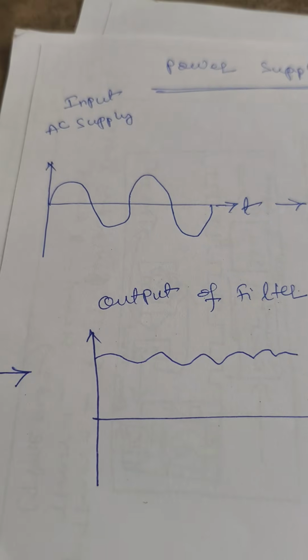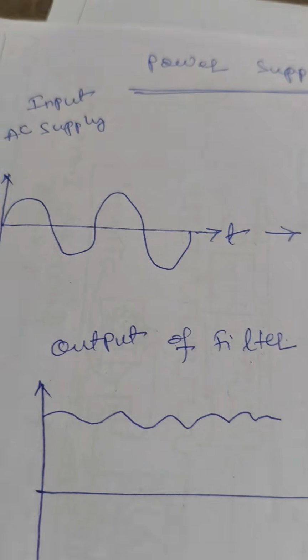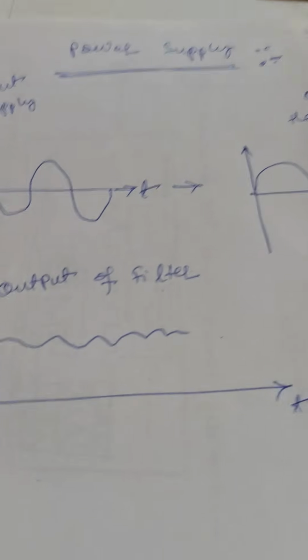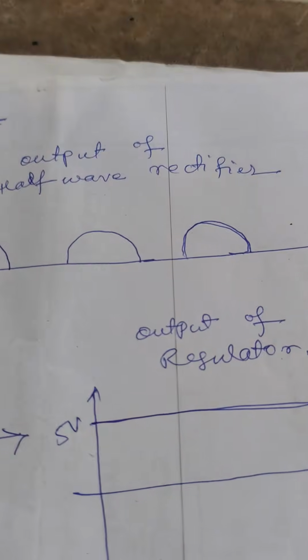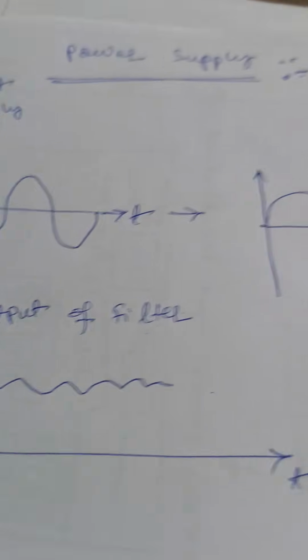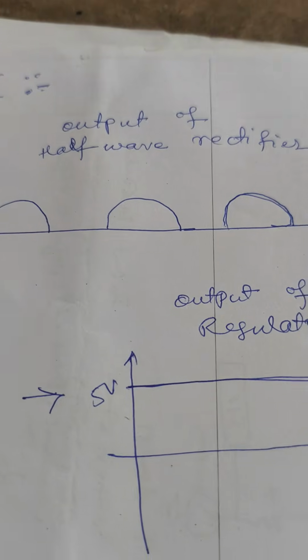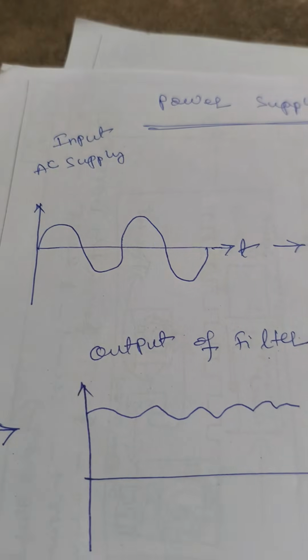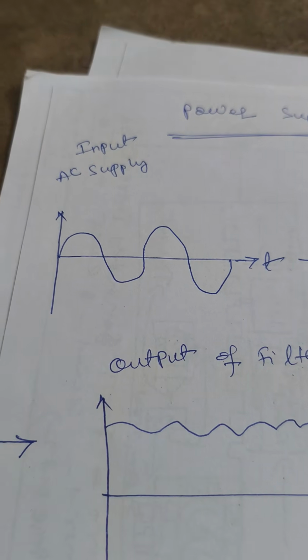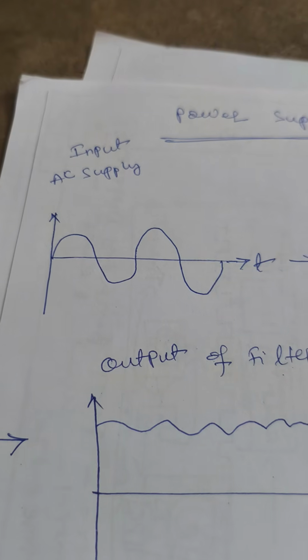In that charger, there is the input AC supply, a transformer, a rectifier, a filter, and a regulator. Using these components, we can convert 230 volt to, for example, 5 volt or 9 volt. For my mobile charging, it requires 9 volt DC, not AC.